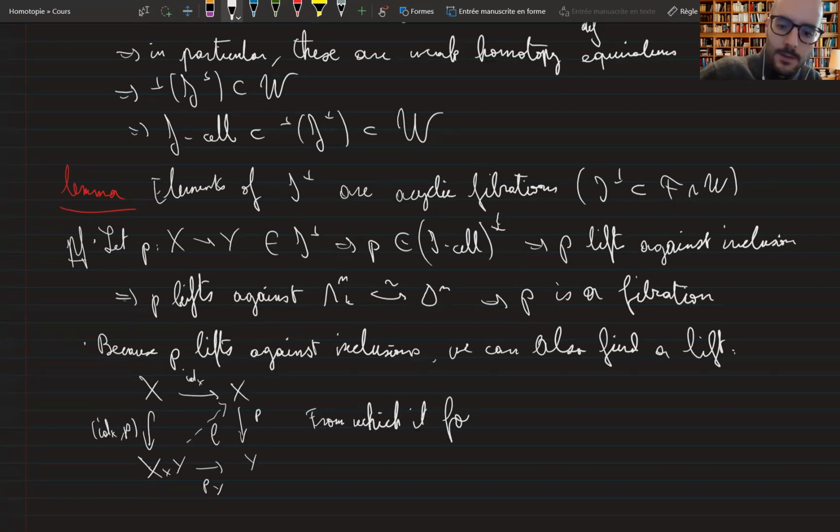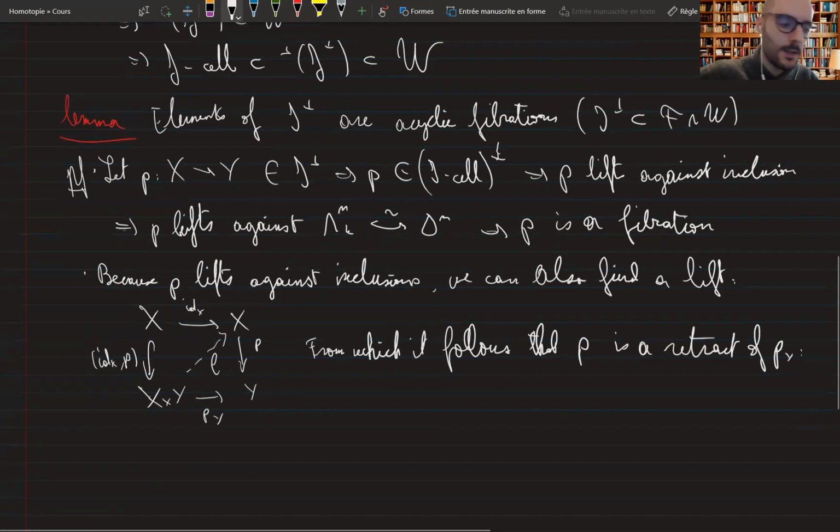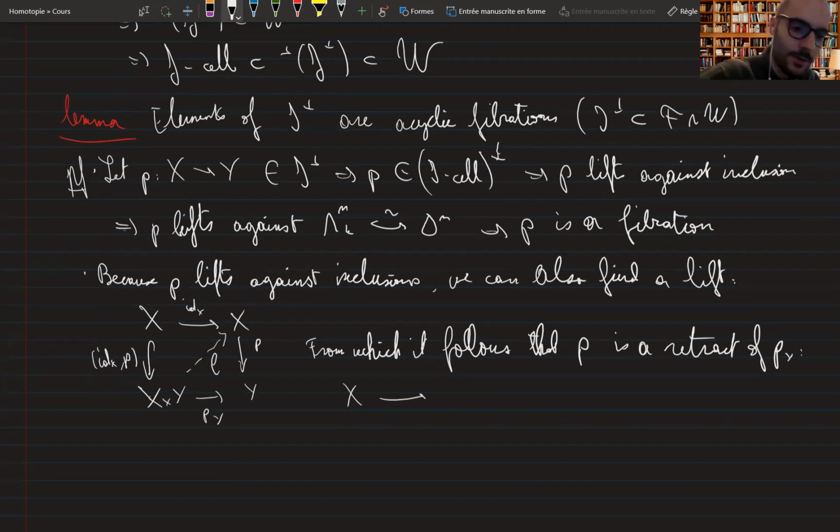from which it follows that P is a retract of Py, the projection on Y, which you can see this way. So you have this inclusion, let's call it Ix, X cross Y, X, here is your lift, right? This map is the identity because of the commutativity of this triangle.